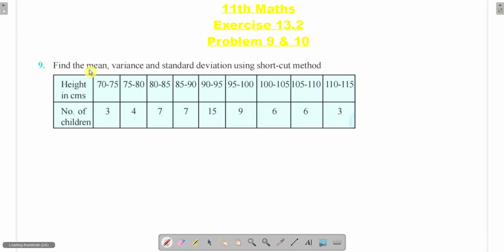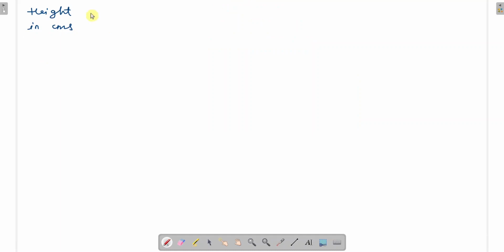Then number of children, which is denoted as fi, then we have the midpoints that are denoted as xi.